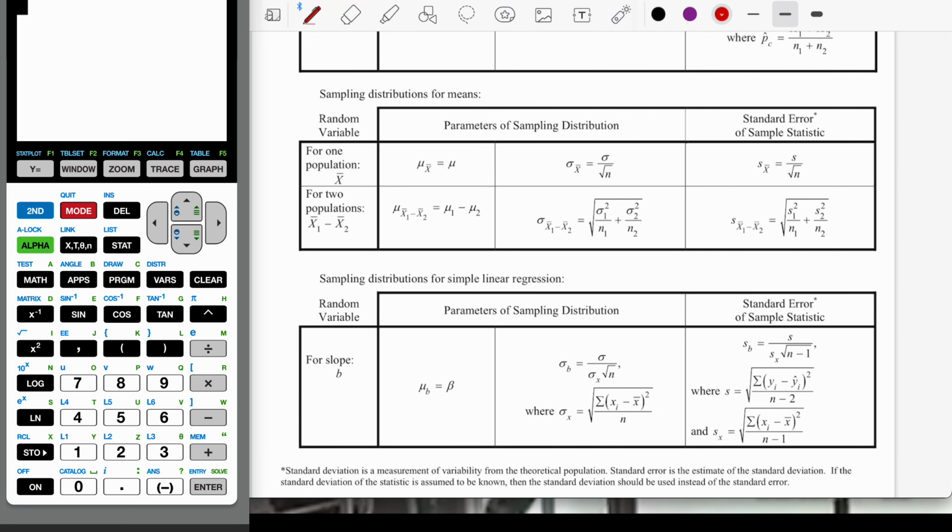Well, they're expecting you to know that s over the square root of n becomes s sub d over the square root of n sub d, right, for a matched pairs t-test. All right. So for two populations, they just give you the standard error, but you need to build your test statistic formula or your confidence interval formula from this information, which is why I wanted you to actually just memorize the formulas, because then you don't have to worry about it.